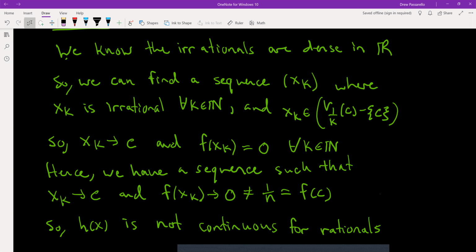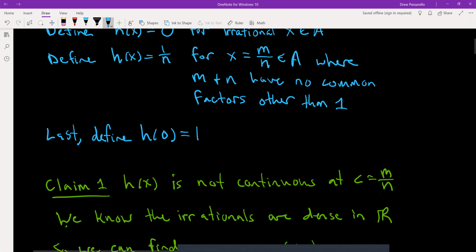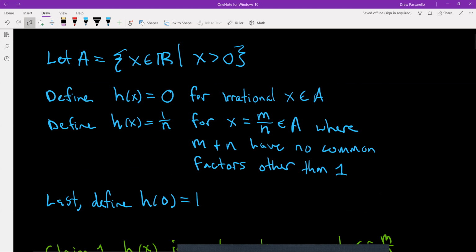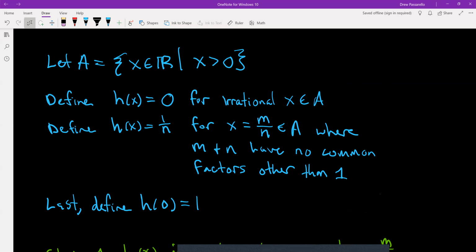Hence, we have a sequence such that xk converges to c, and since h of xk equals 0 for all members of our sequence, then h of xk converges to 0, but that's not equal to 1 over n, and 1 over n is the value you get when you plug in c into the function, because remember, c is a rational number, so h of c is equal to 1 over n.